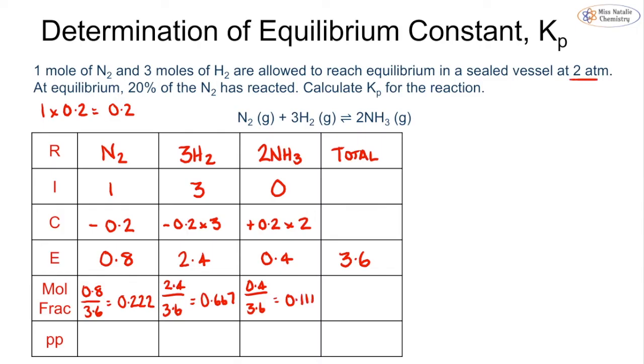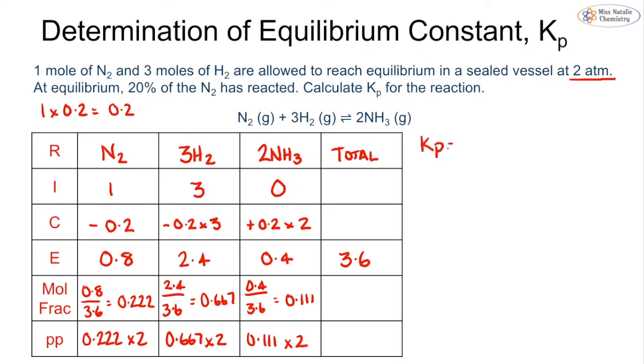I'm told in the question that I have a total pressure of 2 atmospheres. So to work out my partial pressure, I do my mole fraction times my total pressure. So I have 0.222 times 2, 0.667 times 2, and 0.111 times 2.